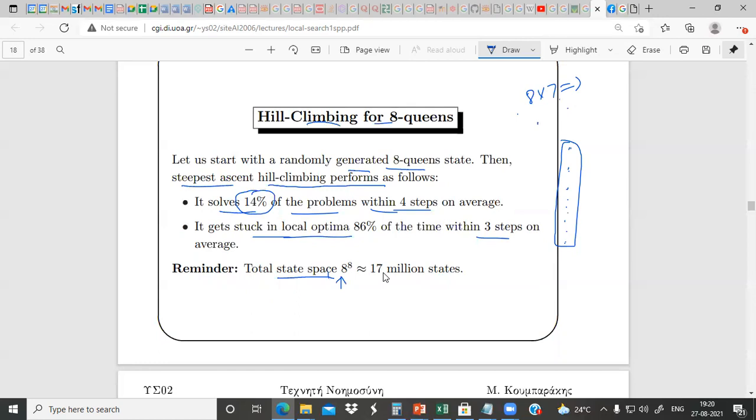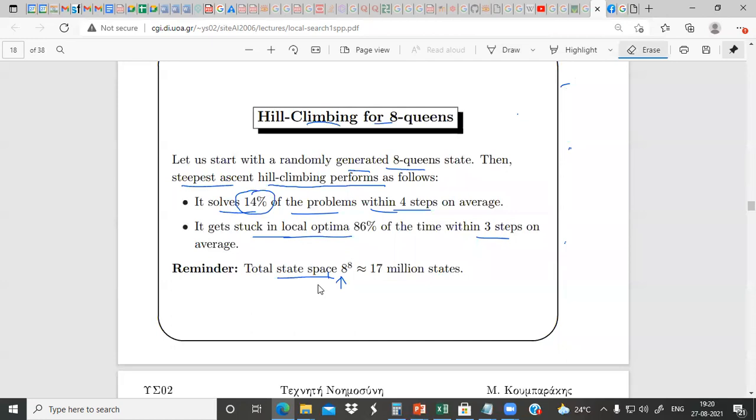The total number of states is 8 to the power 8, which is different from this. Here, all these 8 queens can be placed in any location, which is 8 to the power 8. So that is about 17 million possible states.